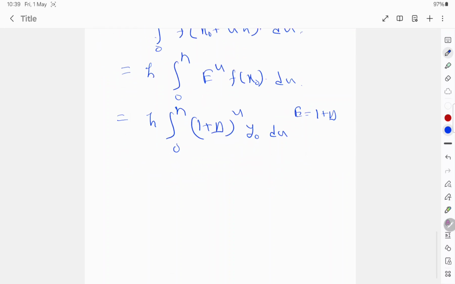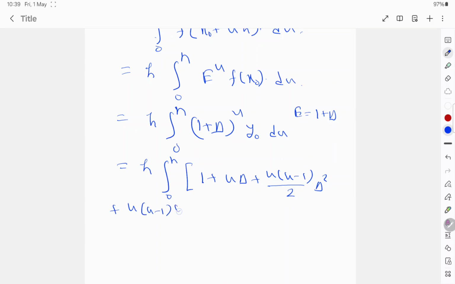Okay, now if you use the binomial formula here, 0 to n, so (1 plus u delta plus u(u minus 1) by 2 delta square plus u(u minus 1)(u minus 2) by 3 factorial delta cube plus so on) into y0 du, right?